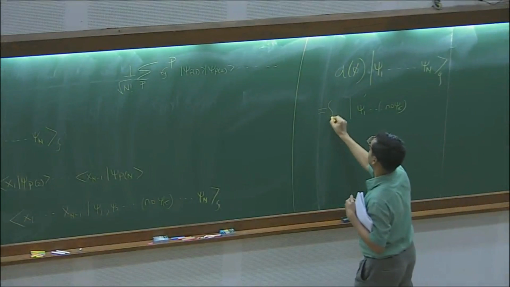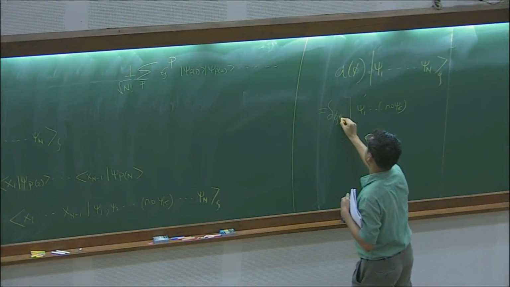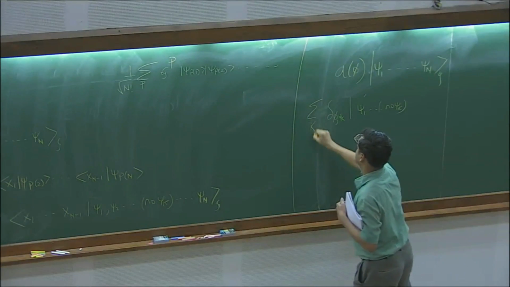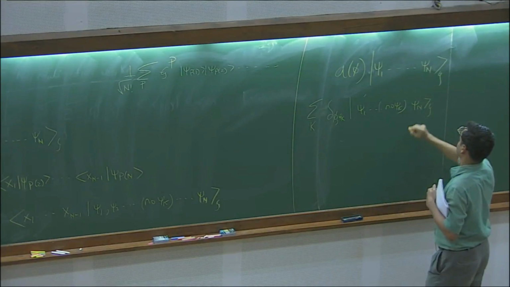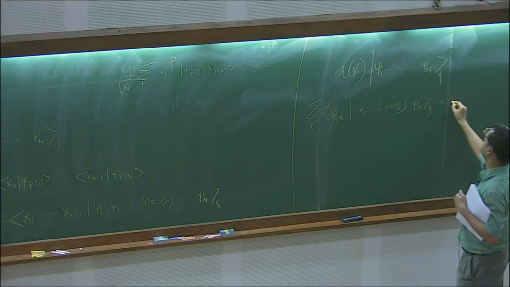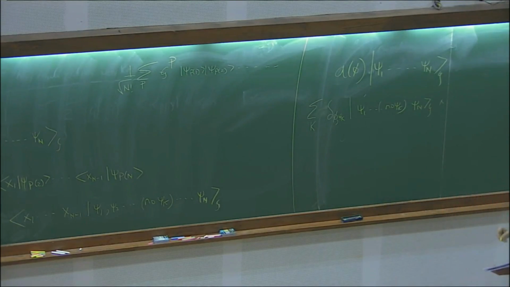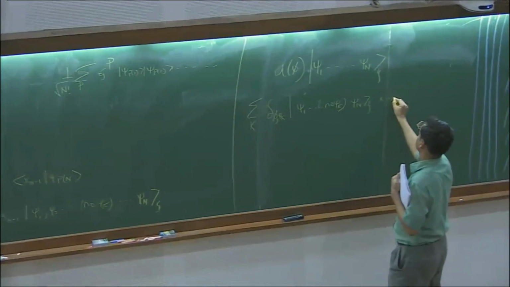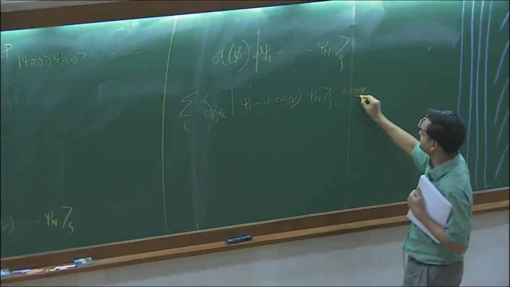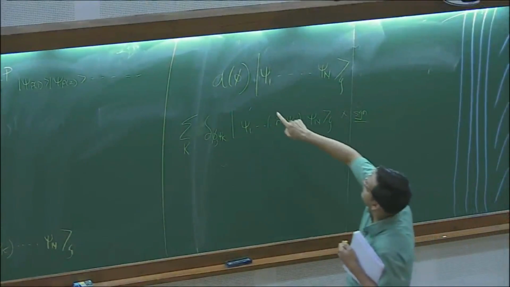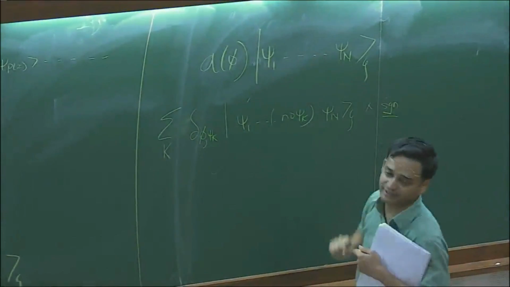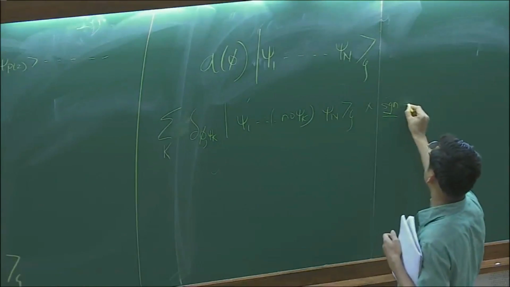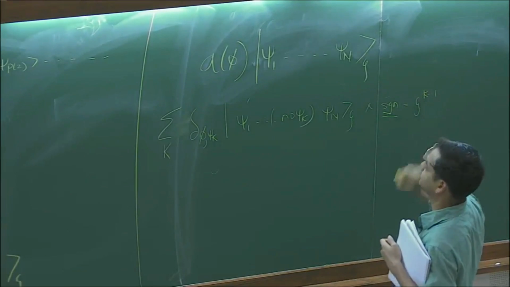So it's delta phi psi k, sum over k, with a sign. And what is that sign? That sign is how many of the other orbitals you have to cross to get to psi k. So that's the sign, which is zeta to the k minus 1.